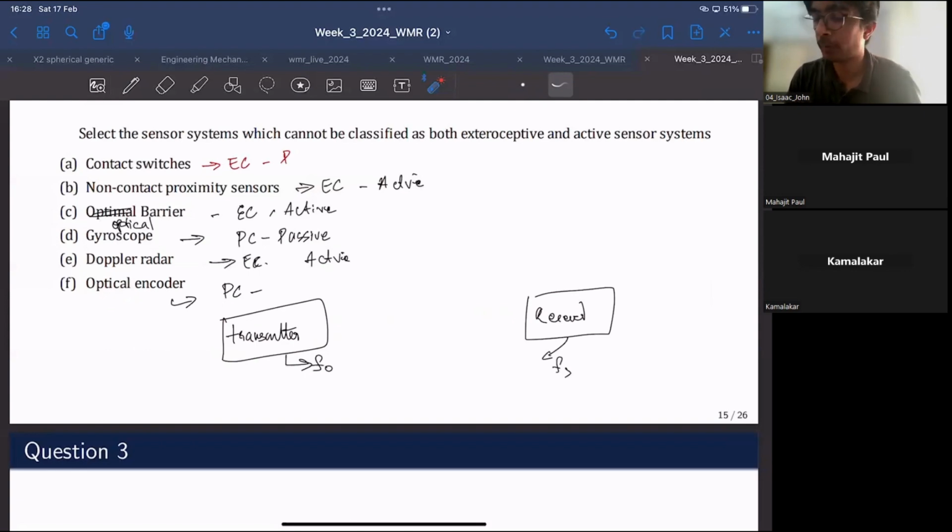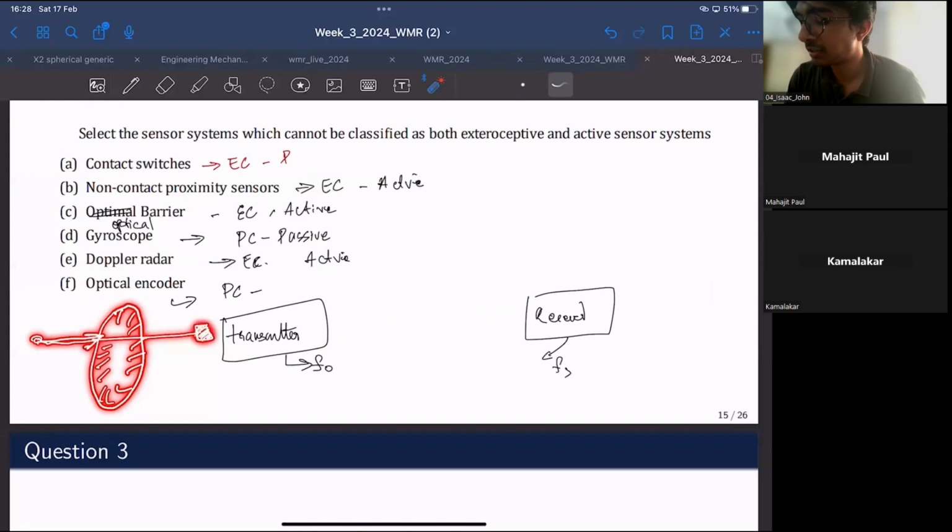If you recall the working of an optical encoder, it has a rotating disk with multiple slots, and it emits a laser beam from here, and at the other end it has a receiver. Based on the number of pulses the receiver receives, it can map that to the angular velocity or angular position of the encoder. Since it deals with the emission of a source of energy, that also makes it an active sensor.